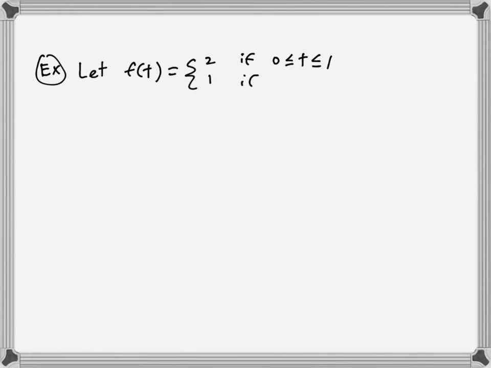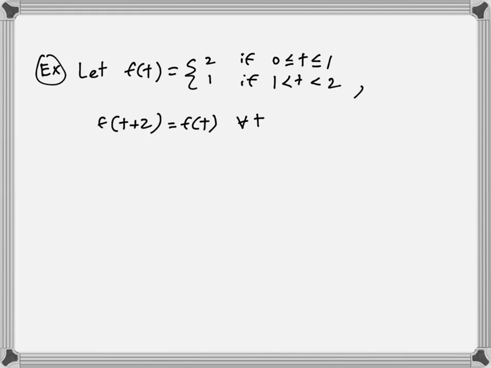So just so we could see a simple example, let f of t be a piecewise function: 2 if t sits between 0 and 1, and 1 if t sits between 1 and 2. And furthermore, f of t plus 2 is equal to f of t for all t.